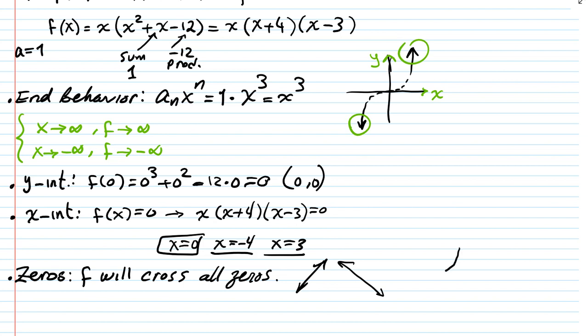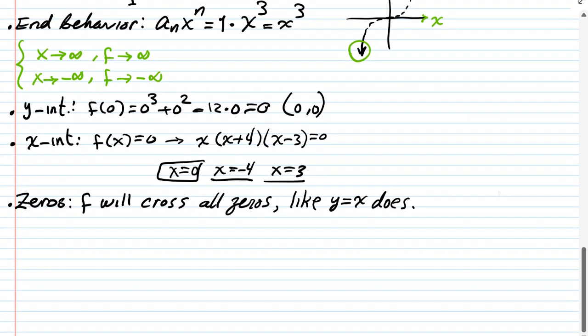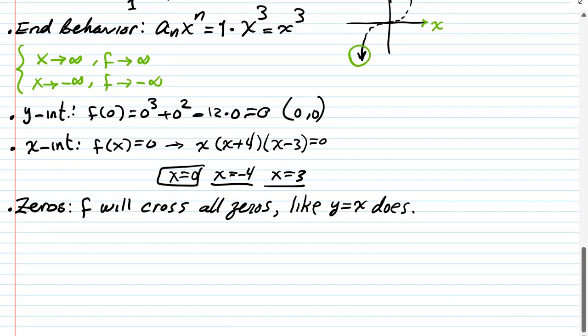It's not going to do this, that would be for x cubed or x fifth. This is just for x. It will cross the zeros just like y equals x does, because each of these has an exponent that is 1. We got the leading term, the x-intercepts, the y-intercept, and the zeros. Oh, turning points.